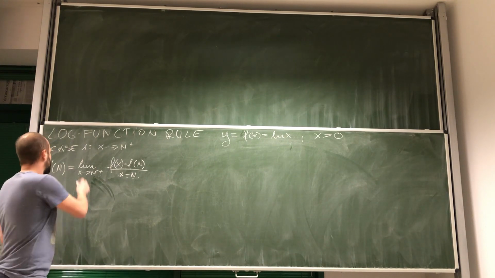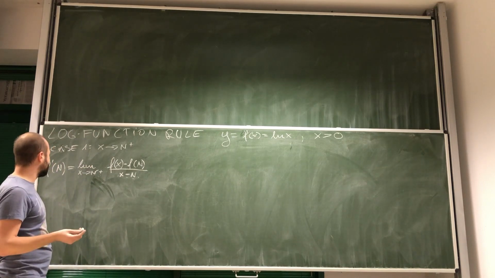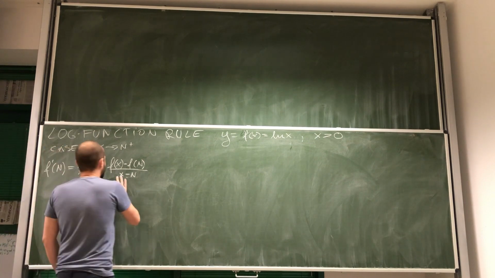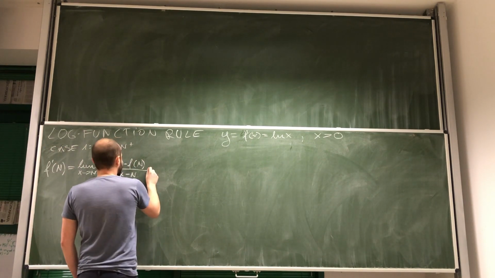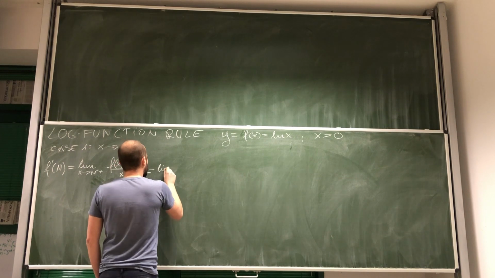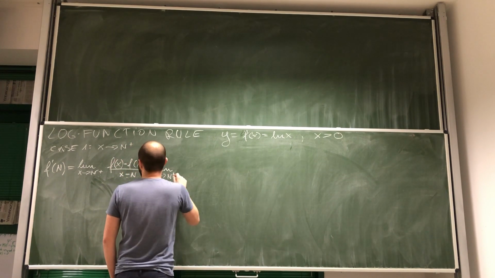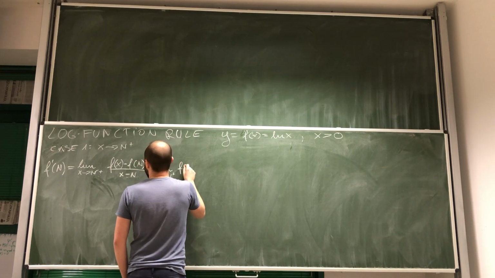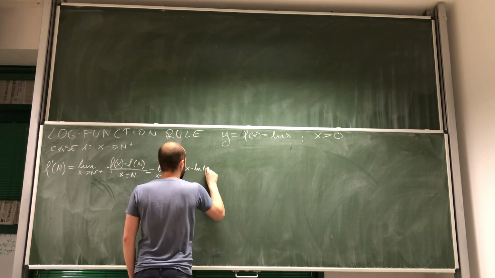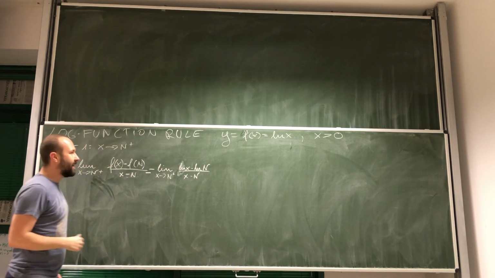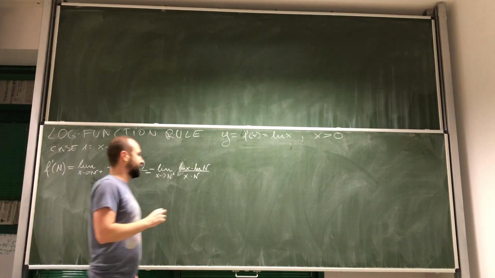Okay, so now we can proceed the way we proceed with any other limit we've calculated here. So first we substitute for the general form the specific form of the function. So we've got ln x minus ln n divided by x minus n. Now let's remind ourselves a couple of properties of logarithms.